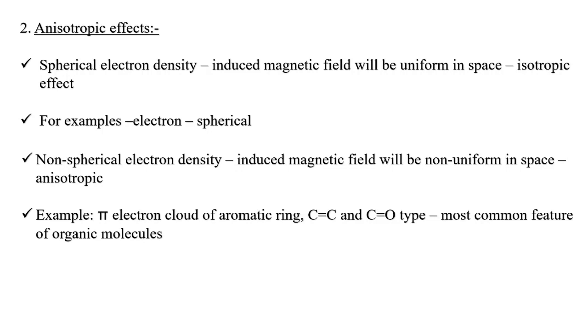Now if you consider a non-spherical electron density, the induced magnetic field will be non-uniform in space, that is anisotropic. For example, the pi electron cloud in an aromatic ring and the double bond in carbon-carbon, we can see also for carbonyl type, and most often feature in organic molecules.